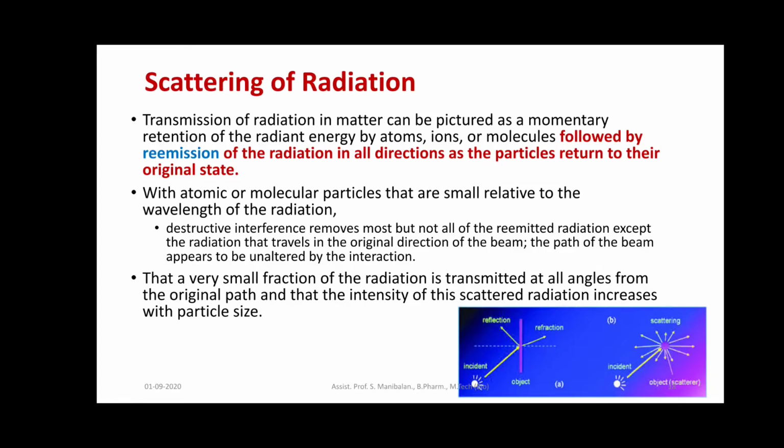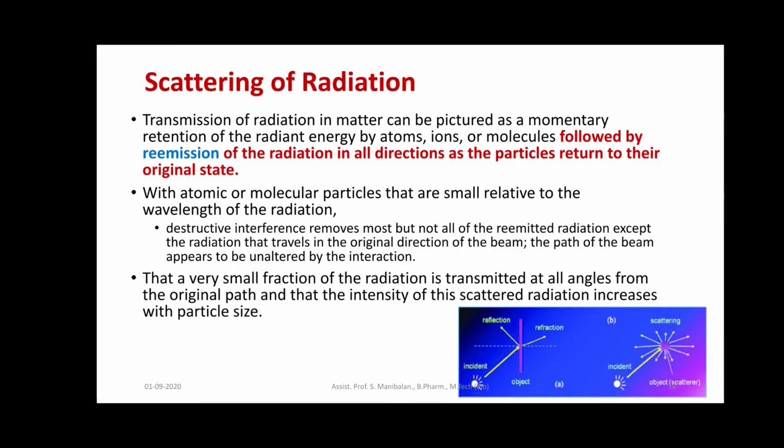Destructive interference removes most, not all, of the re-emitted radiation. Destructive means it destroys the re-emitted radiation in all directions except the radiation that travels in the original direction.